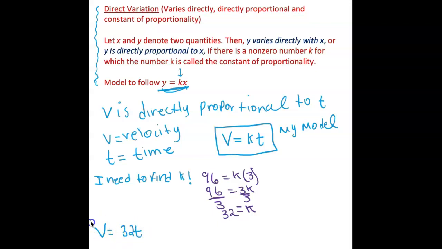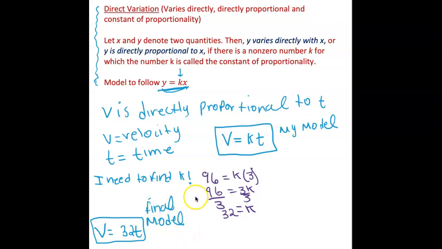With this right here, this is the model for this exercise. Let's put final model, because this one is like in between. With this, you could give me whatever time you want or whatever velocity you want, and I can find either of the values.